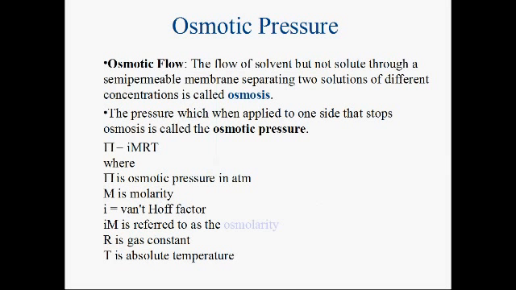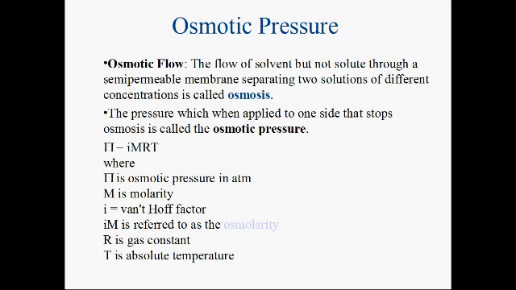So if we have a membrane that has pore spaces that are small enough that the solvent can pass through, but not solute particles, such as sodium ions, chloride ions. So if the solvent can pass through, it will pass through, and it will pass through in both directions.